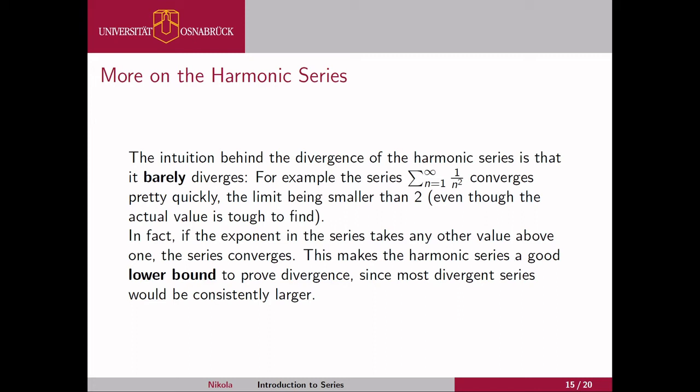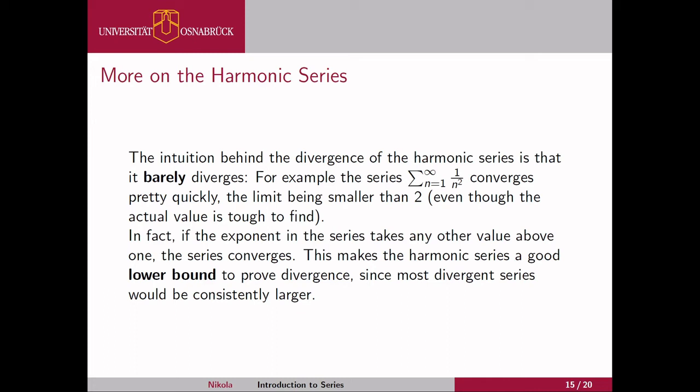barely diverging series, it means that if you strip away a part of the series, 1 over n, if you take away just a little bit, it will quite quickly start to converge. Take the example 1 over n squared, the series over 1 over n squared. This converges super quickly. Like, the limit of this series is smaller than 2.